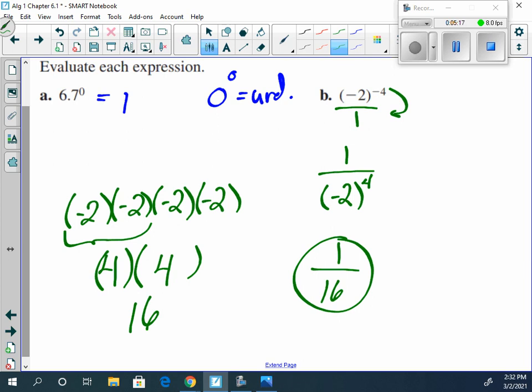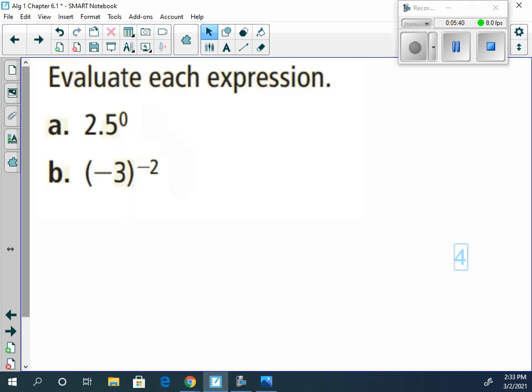And we get 1/16? Yeah. So for both of these here, the calculator can do these. 1/16.